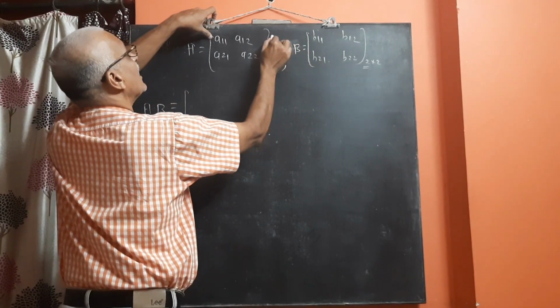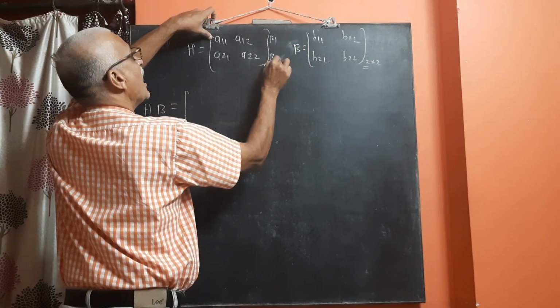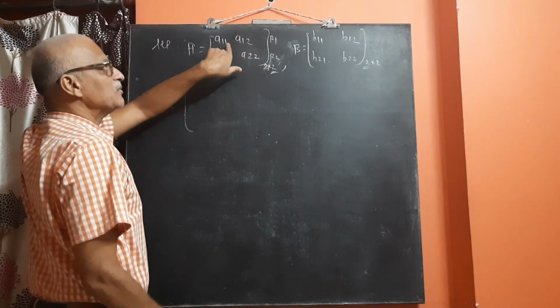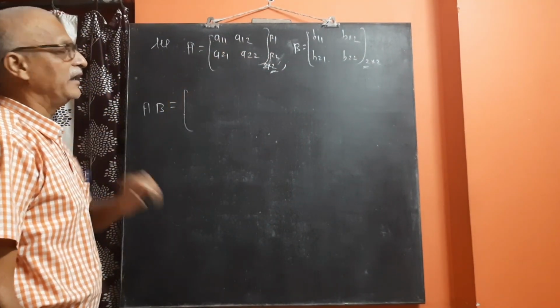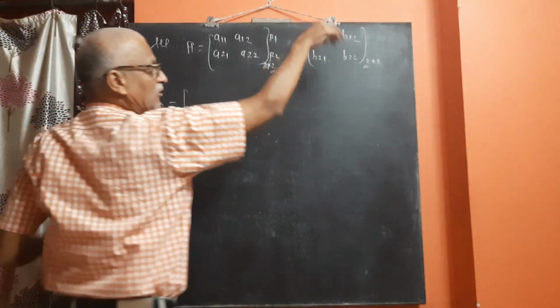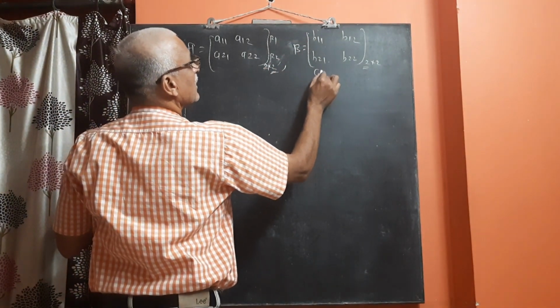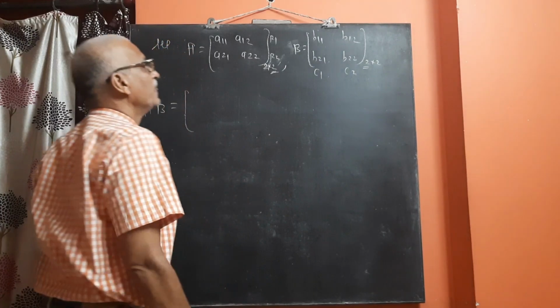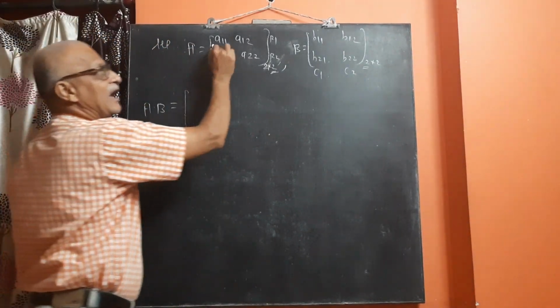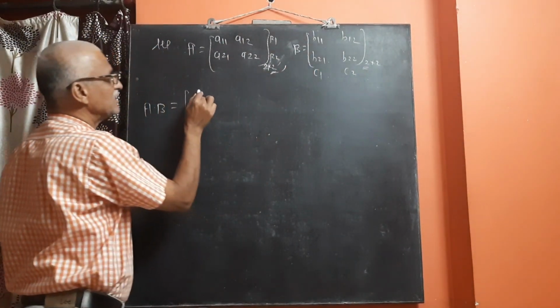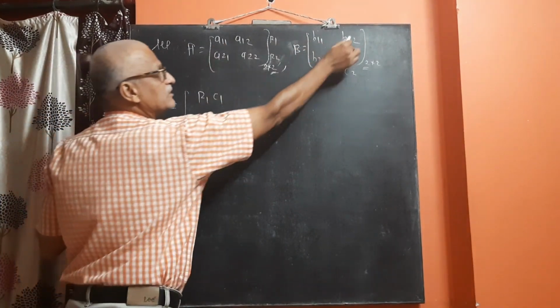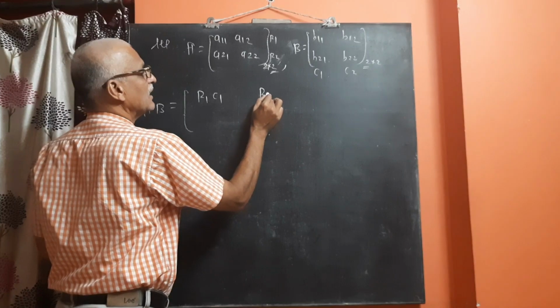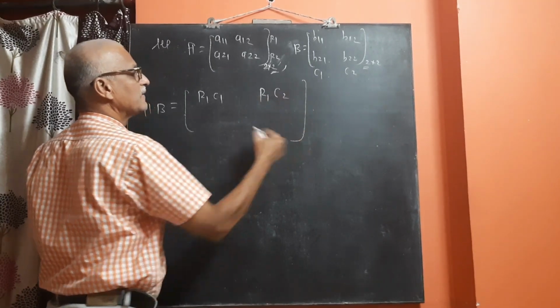Let us say this is R1 and this is R2, that means first row of A, second row of A. With the columns, this is C1 and this is C2. We have to multiply R1 with C1, so this element will be R1 C1. Then R1 with C2, so this element will be R1 C2.